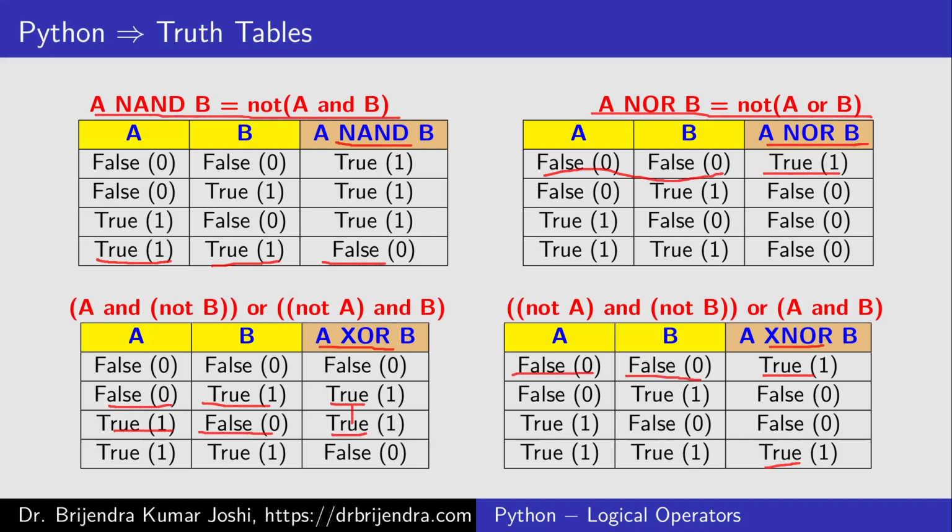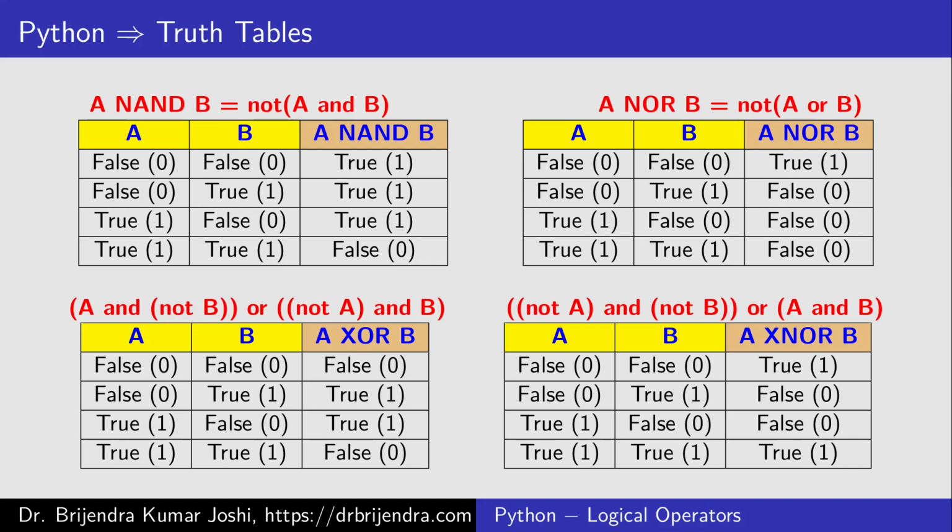That is, if A is false and B is false, XNOR is true. If A is true and B is true, XNOR output would be true. So using these three logical operators, AND, OR, and NOT, we can construct four more well-known logics.